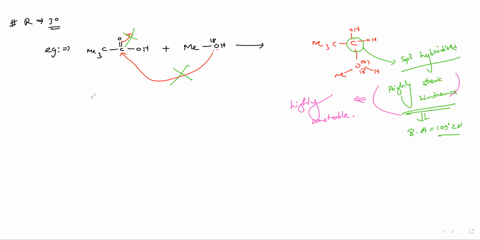So how can you go through this reaction? First of all, concentrated H2SO4 contains H plus, so it accepts one H plus ion. After taking H plus ion it becomes Me3C OH2 plus. Now this bond eliminates.